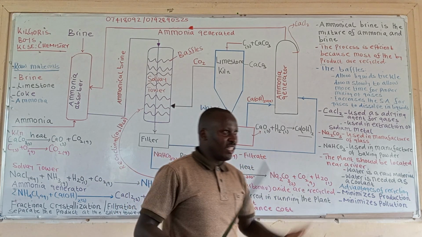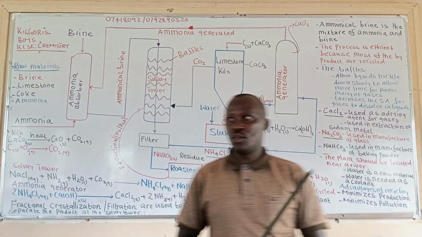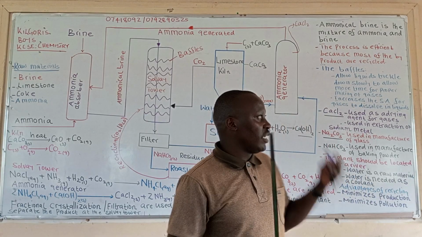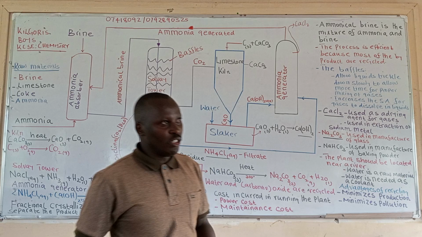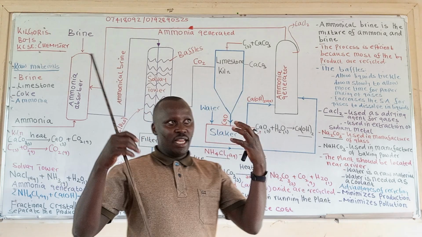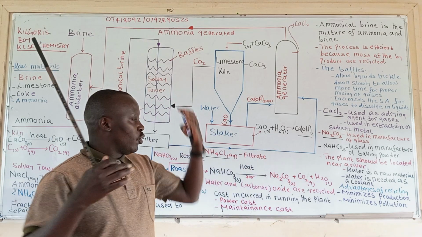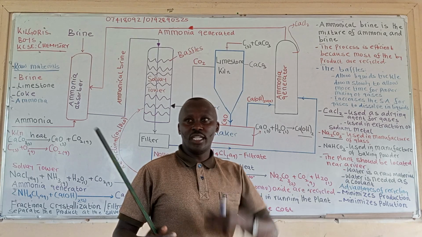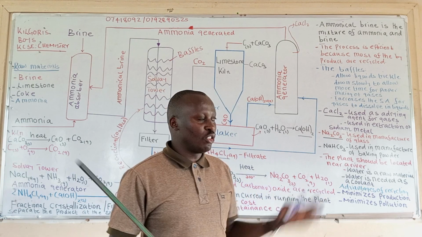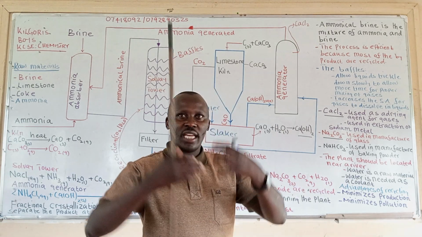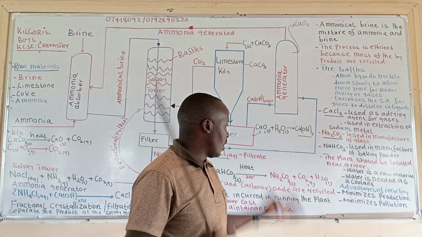Now, what is the advantage of this recycling? We have said that some products here are being recycled. Ammonia is being recycled. Water is also recycled. And then we have carbon dioxide, which is also being recycled. What are now the advantages of this recycling?